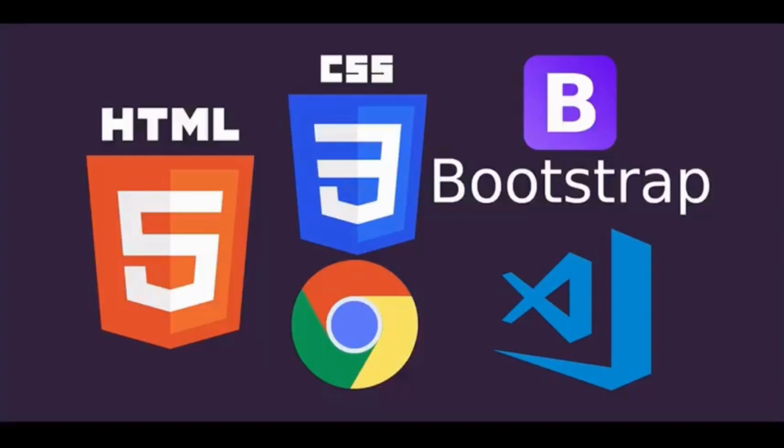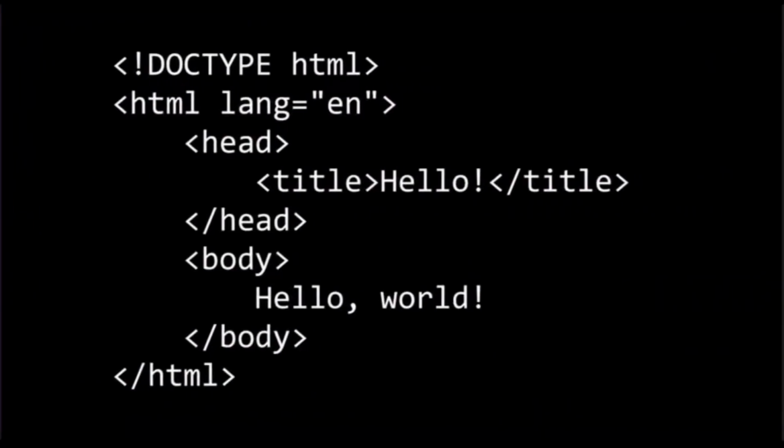So let's take a look at the basic structure of HTML. This is the basic structure of HTML. As you can see, we have a combination of readable text and some special characters like the angle bracket, the quotation mark, the equal sign, and the forward slash, as we mentioned earlier.